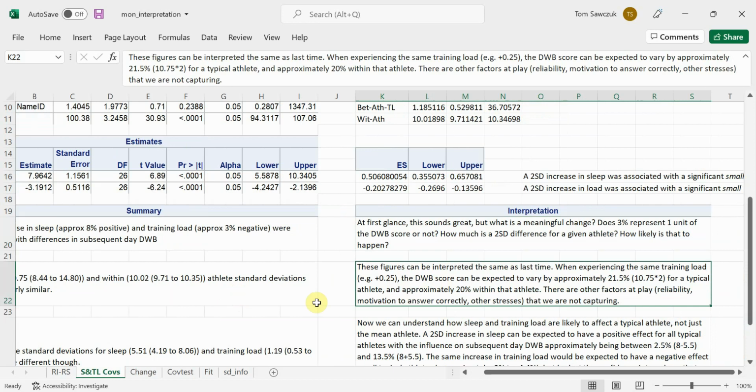And you can see that there's other factors that we're not considering at the moment that are probably accounting for a decent amount of the variation within athletes, and that might be the reliability of the measure, the motivation to answer the questionnaire correctly, or other stresses that we're not capturing. So we just need to be aware that there is still quite a big within athlete variation.